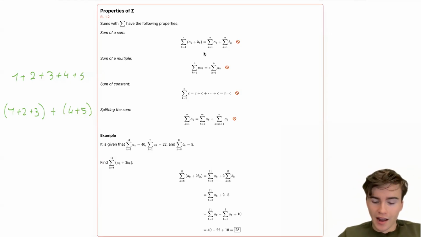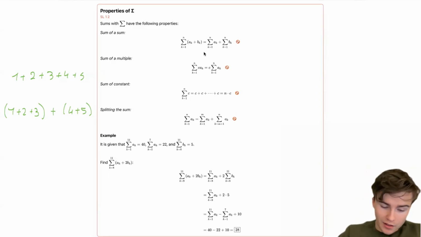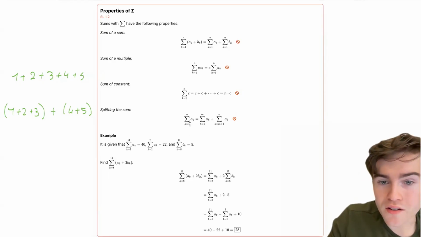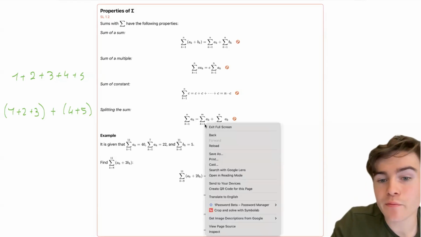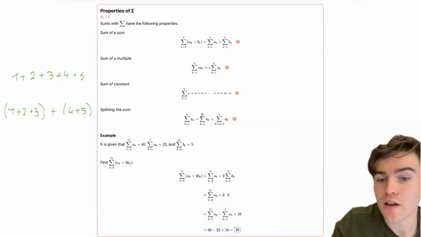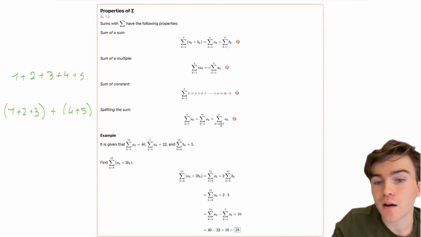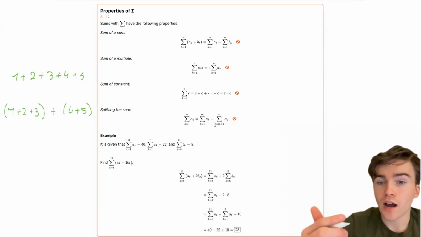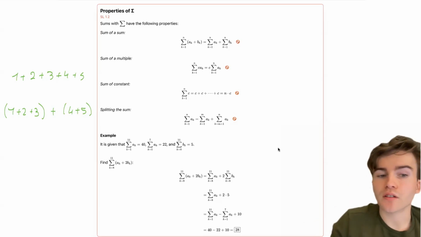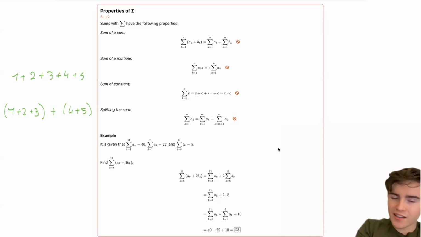So what have I done here? I've taken a sum that goes from 1 to n, and I've said, okay, let's sum first from 1 to m, being some number that's smaller than n, and then let's continue the sum. Let's start with the next term, from m plus 1 up to n. So I'll illustrate that connection with the finite case here.